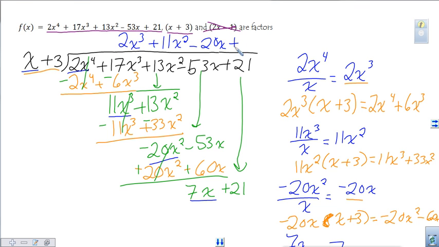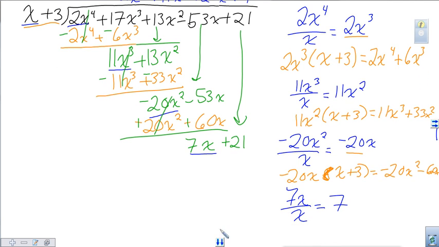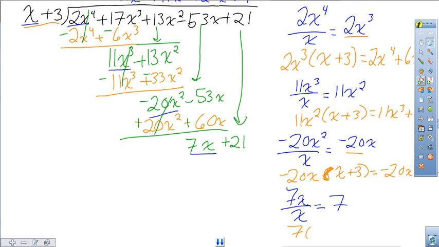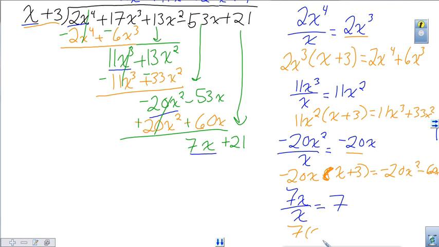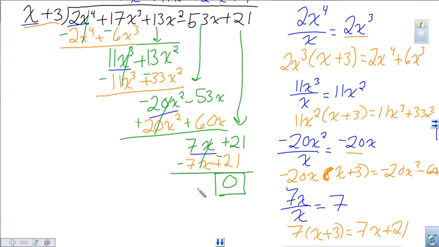So we get a plus 7 here. 7 times x plus 3 is 7x plus 21, which goes here. And then we change our signs. Boom, boom. This cancels out. This equals 0.